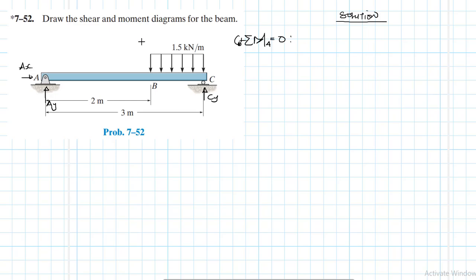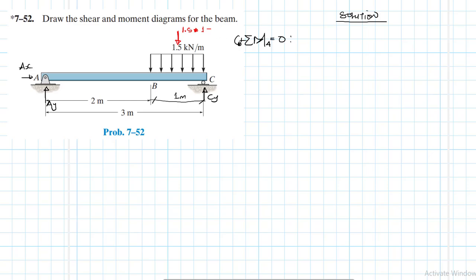For the distributed load from B to C, we have an equivalent rectangular load, which is the area under the loading: the height 1.5 kilonewtons per meter times the length of the load, which is 3 minus 2, which is 1.